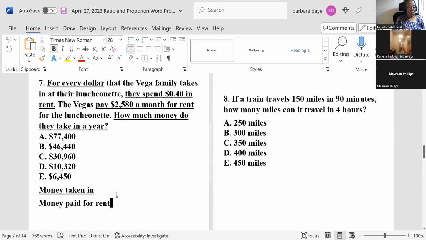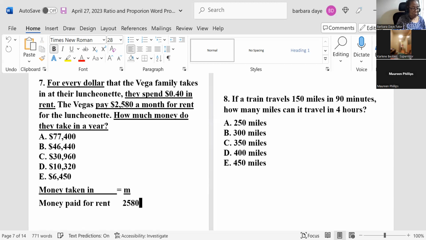Maureen, let's put in what goes there. Money taken in is what we're looking for, we'll say M, right? And the money they paid for rent is how much? 2,580.